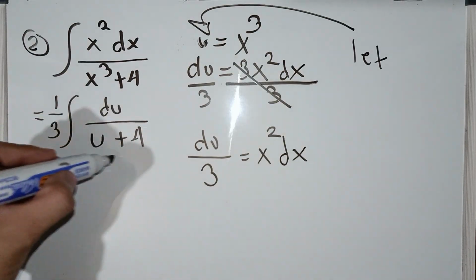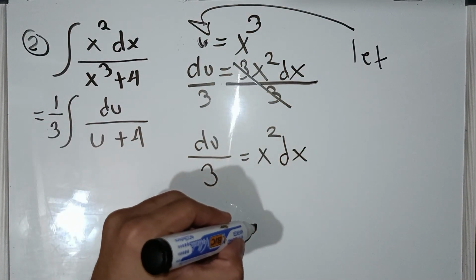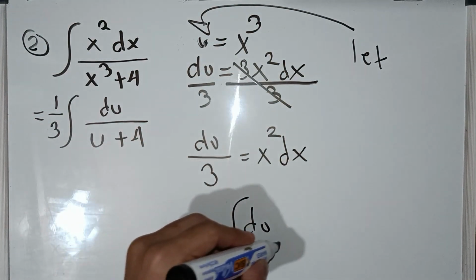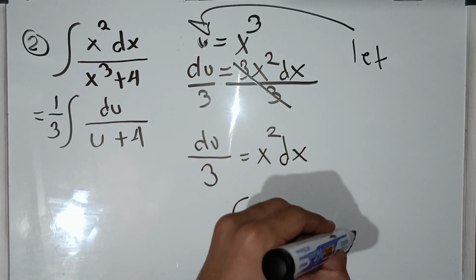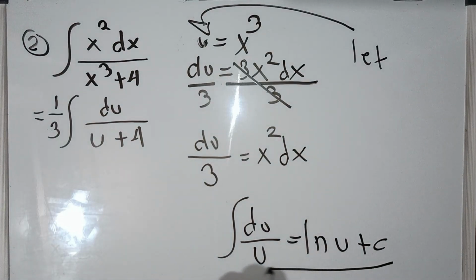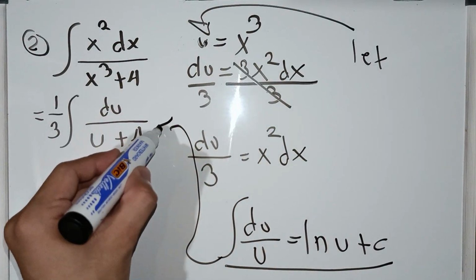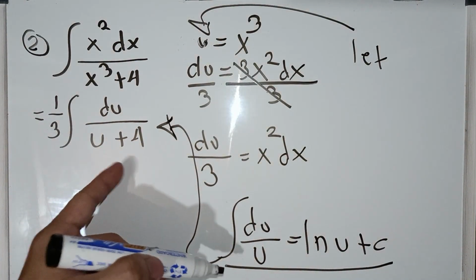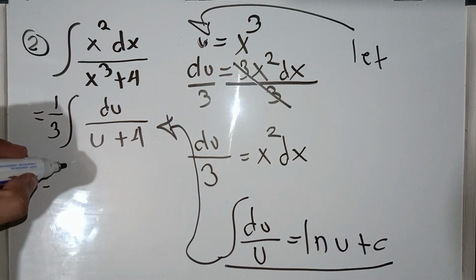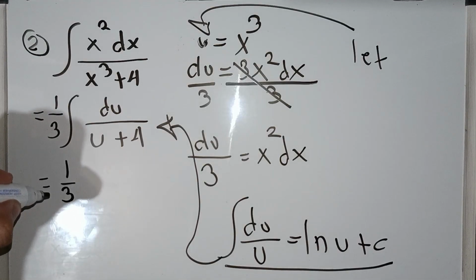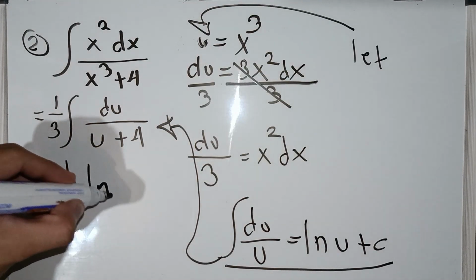Getting the integral of this one, we all know that the formula is the integral of du over u is equal to ln u plus c. Knowing the formula, we can now use this to integrate this problem. So since 1/3 is a constant, copy 1 over 3 ln.